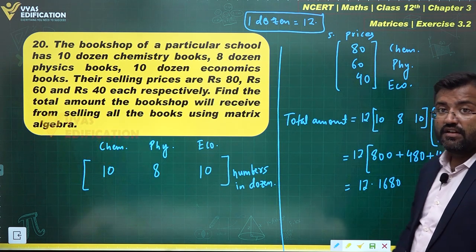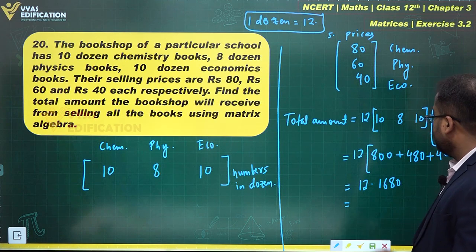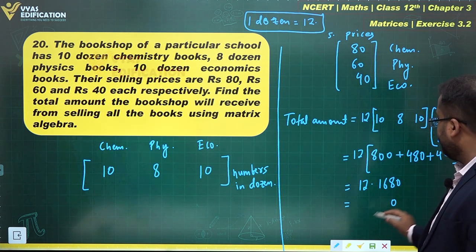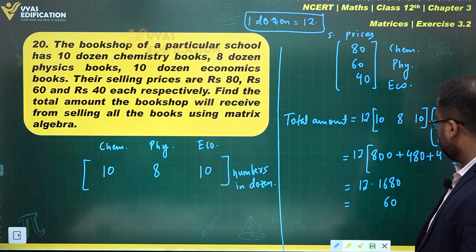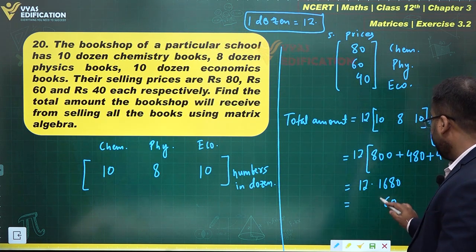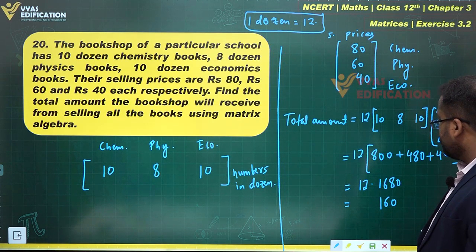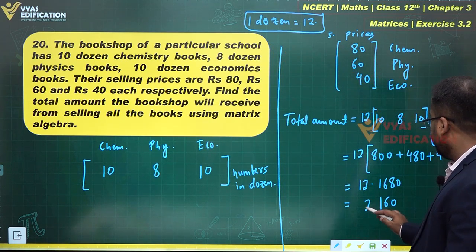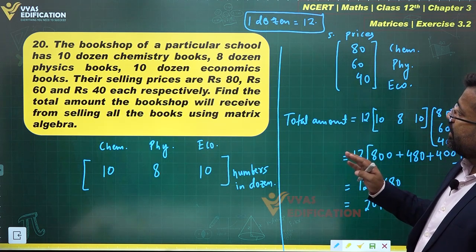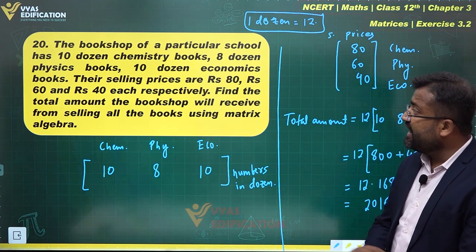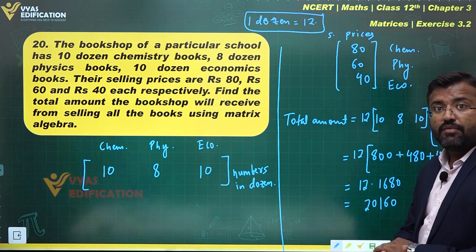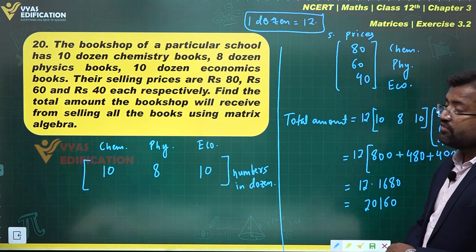This is what I'll be getting. 12 times 1680: 12 times 0 is 0, 12 times 8 is 96, 6 and carry 9, 12 times 6 is 72 and 9 is 81, 1 and carry 8, 12 times 1 is 12 plus 8 is 20. This is 20160. That's the total amount the bookshop will receive from selling all the books using matrix algebra, as you can see behind me. That is all for this question.